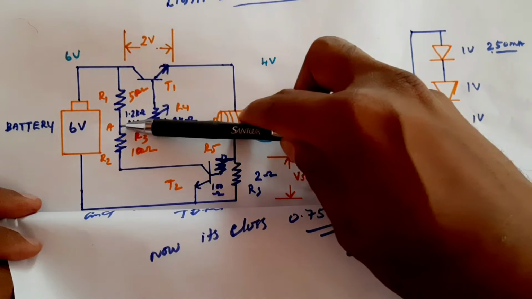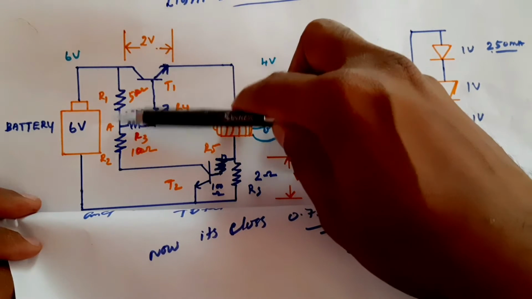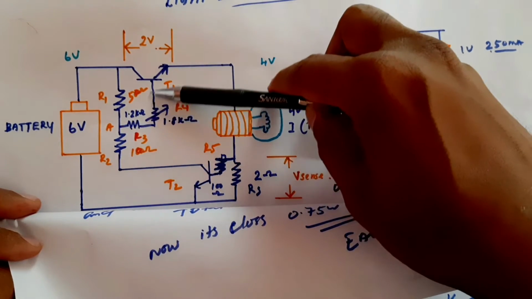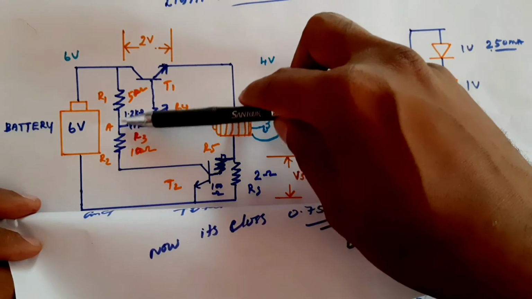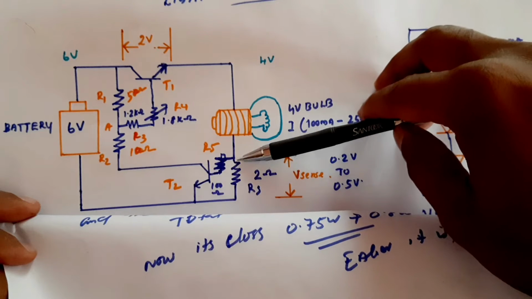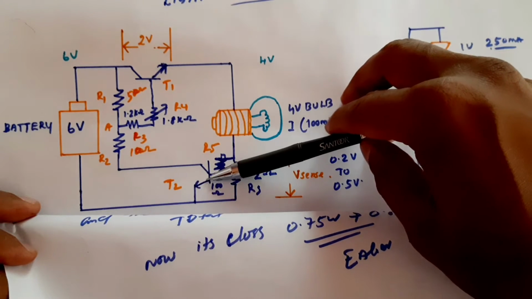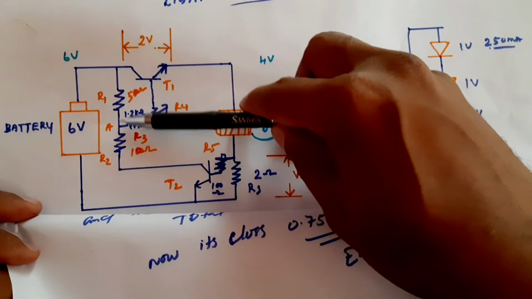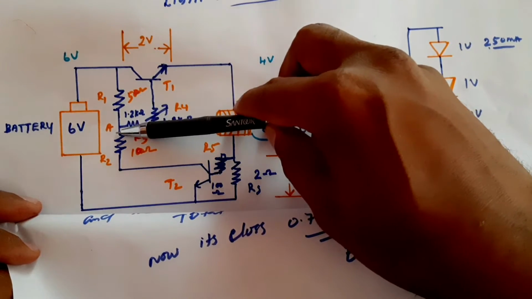We have to get 2 milliamperes here. So this is the voltage and we have to get the current through this. As there is no voltage available at this point and the transistor is turned off, the full 6 volts is available at this point.